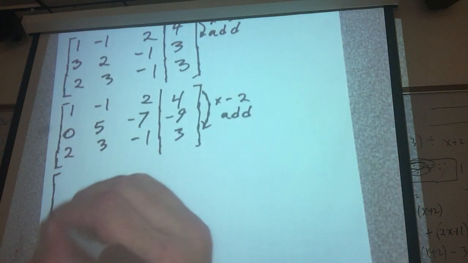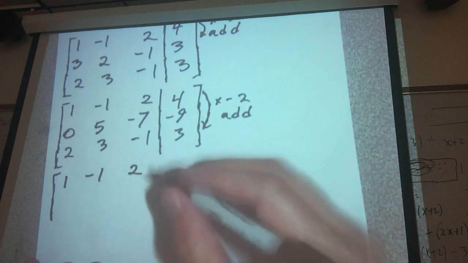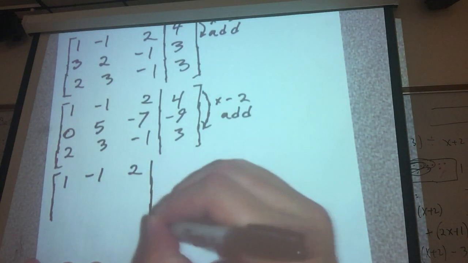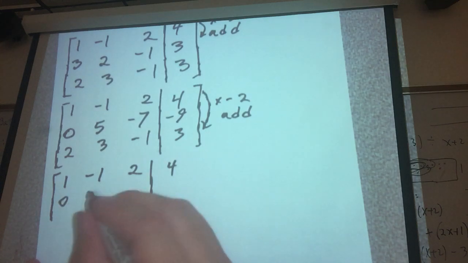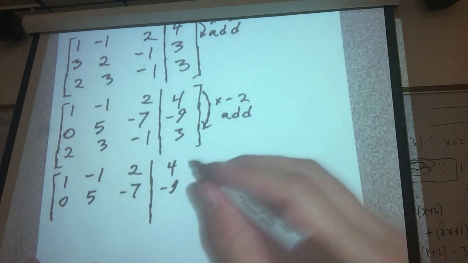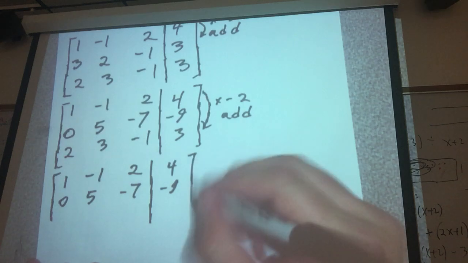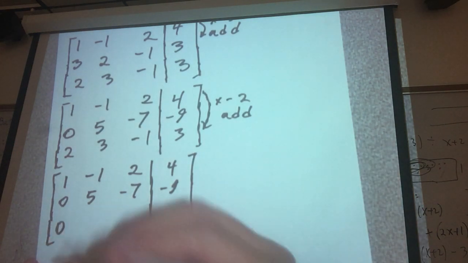So, once again, the top row is not affected. The middle row is not affected. It's a -9. Okay, but the bottom row is going to be affected. So we're going to have a 0 right there.